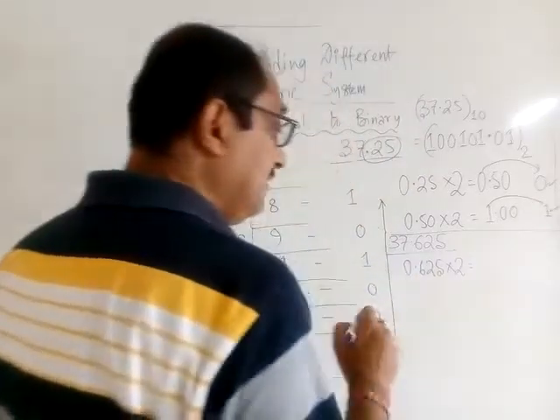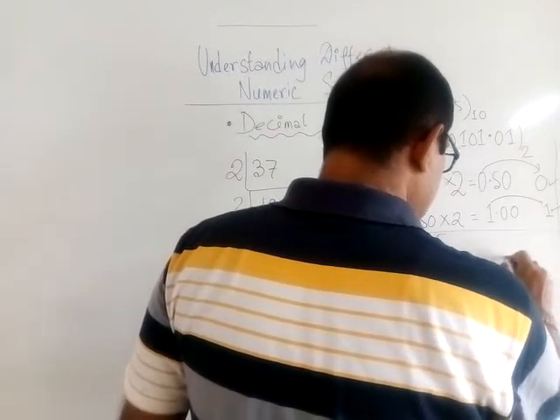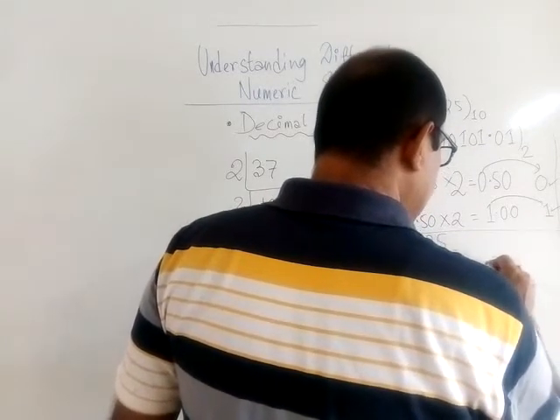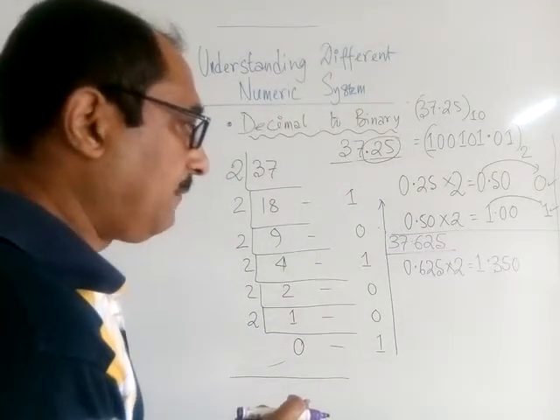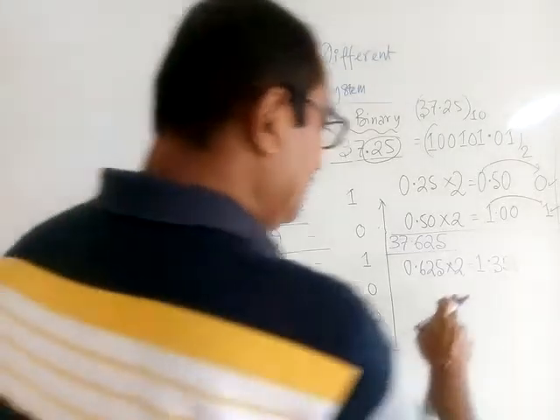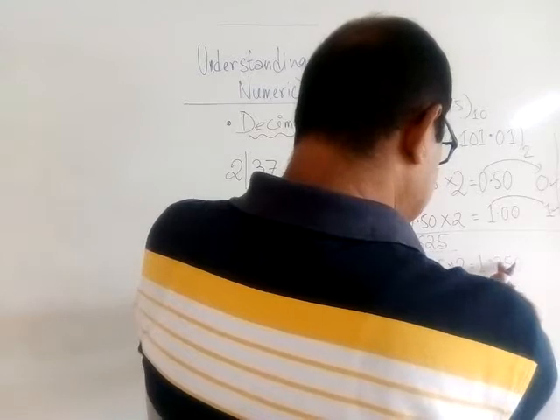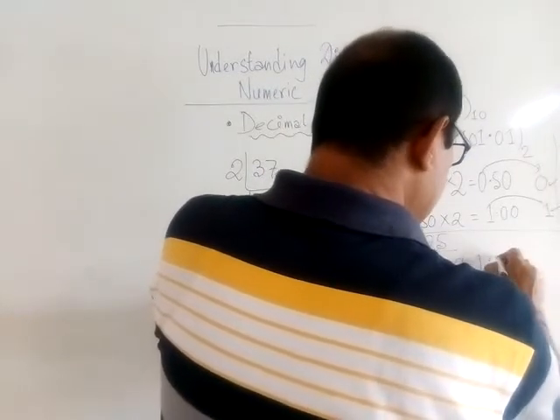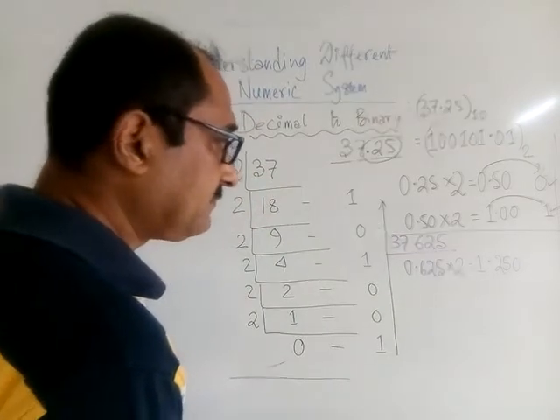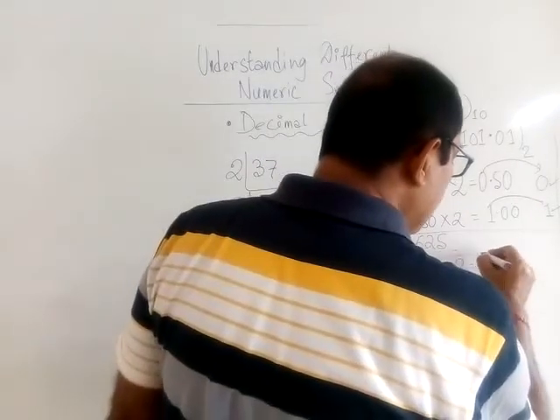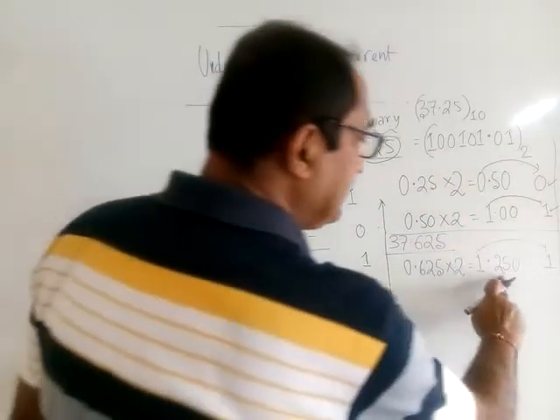So what am I getting? 5 2s are 10, 2 2s are 4, 1, 5, and then 6 2s are, I think I made a mistake, 12. Fine. So what will happen now? My integer part is 1, so I will write this 1. Okay. Now what is left in the decimal part?